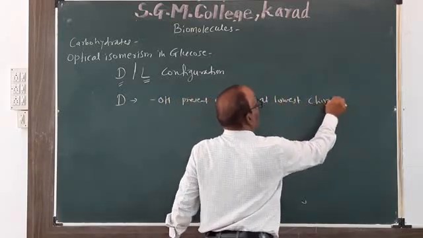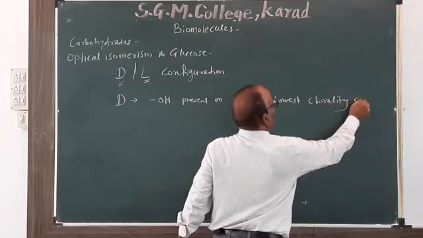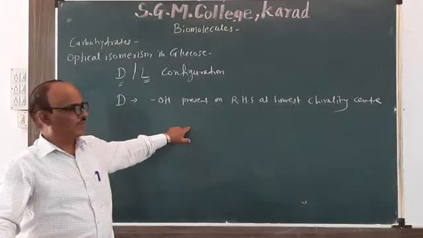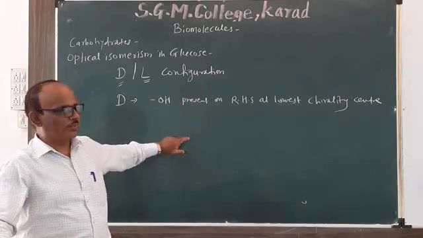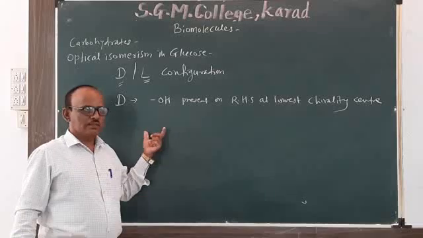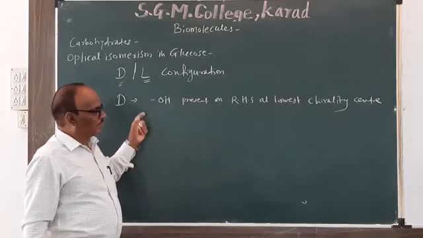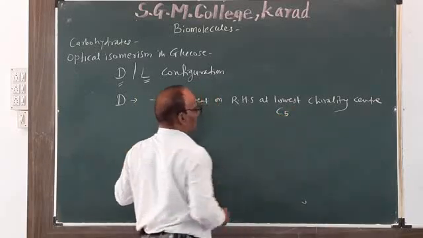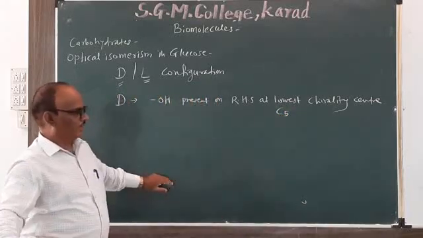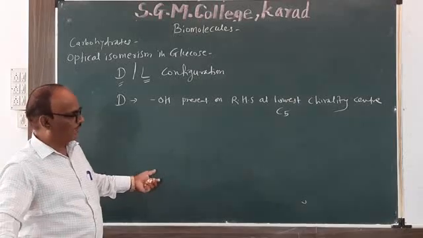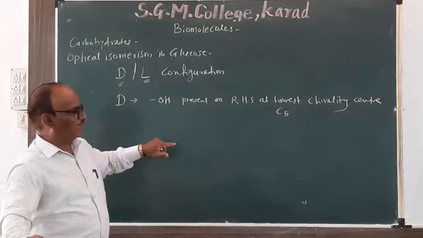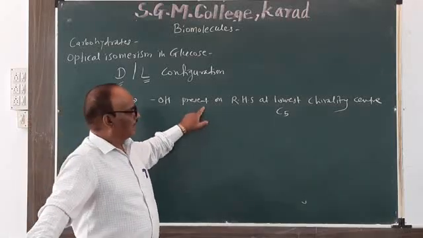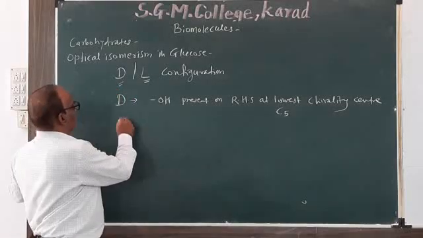Glucose contains 6 carbon atoms, in which the middle carbon atoms 2, 3, 4, 5 are chiral carbon atoms. So lowest chirality center means carbon number 5, the one just above the CH2OH group. At that carbon, if the OH group is present on the right hand side, then it is a D structure. And what is capital L?